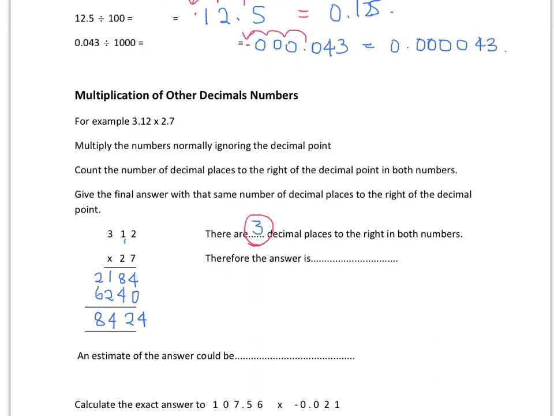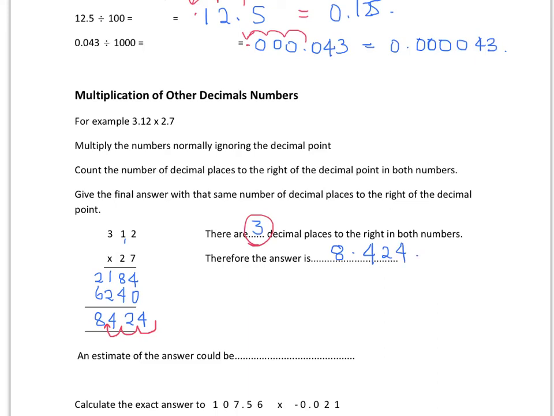Now we need to account for those 3 decimal places, which remember were this one, and this one. So that means our final answer is going to have the decimal point move from that position 3 places to the left. So the final answer becomes 8.424.